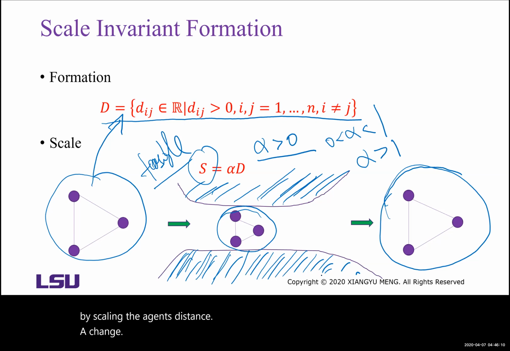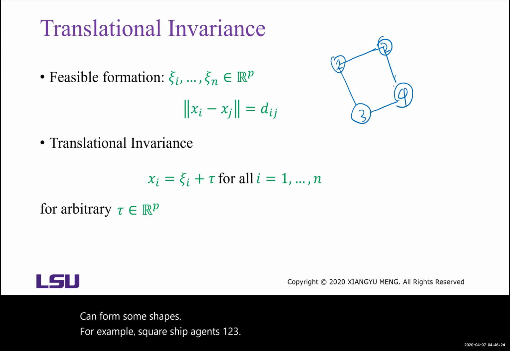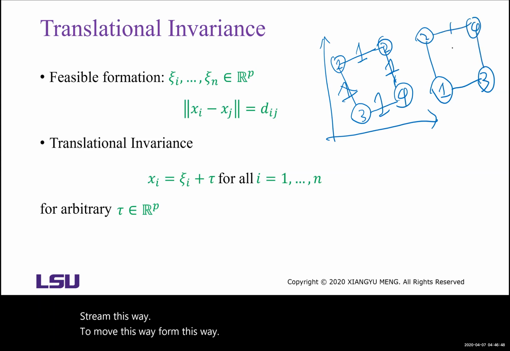As we mentioned, if the agents can form some shape, for example a square shape, we have agents 1, 2, 3, and 4. This is the coordinate. But if the agents rotate, let's say the distance is 1, and we have 1, 3 this way, 2 this way, 4 this way, we will see the distance specification is still satisfied.